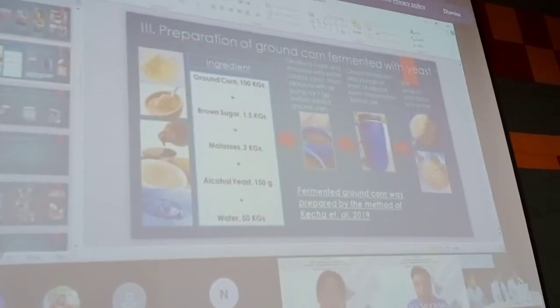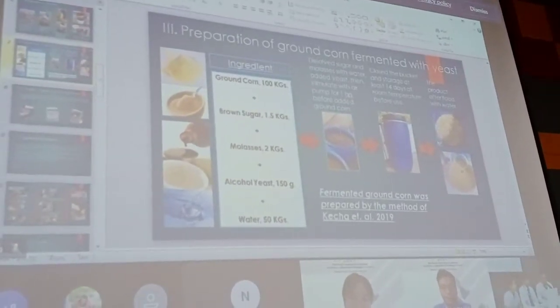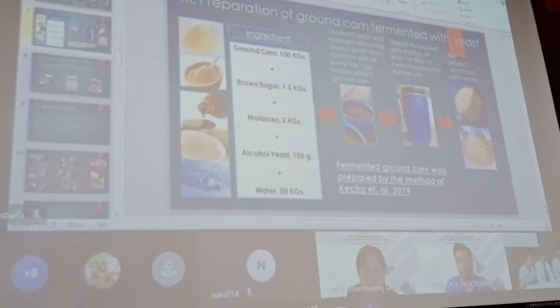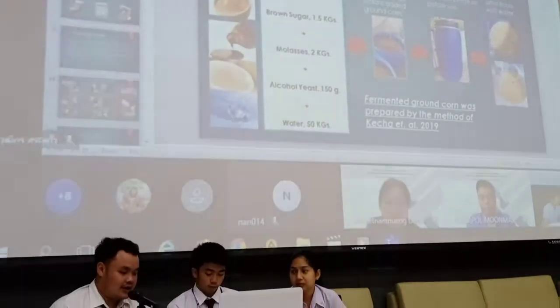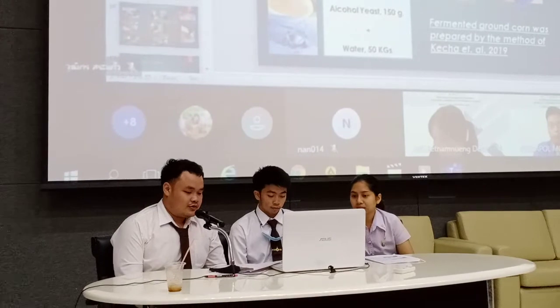Preparation of experimental feed. The experimental feed was prepared by the method of Puha, 2019.